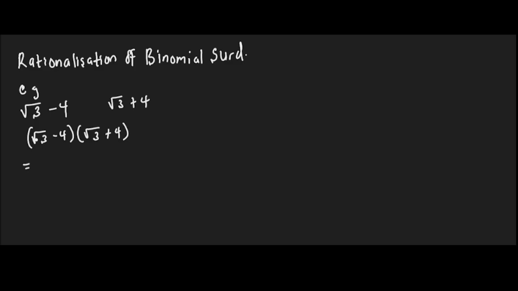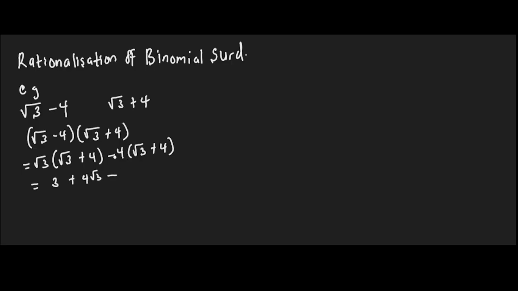In this case, we expand. Root 3, use what you have here to expand this. Root 3 bracket root 3 plus 4, minus 4 bracket root 3 plus 4. This root 3 times root 3 will give us 3, plus root 3 times 4 will give us 4 root 3.